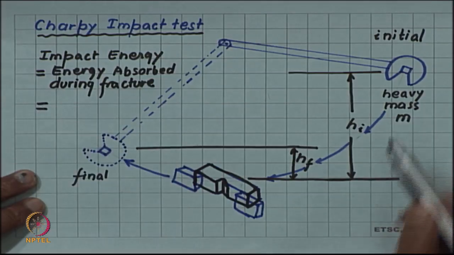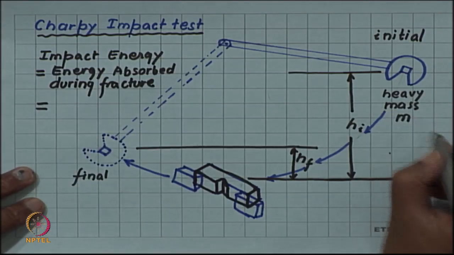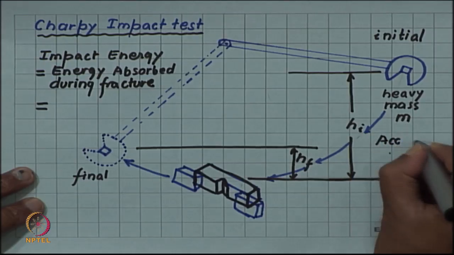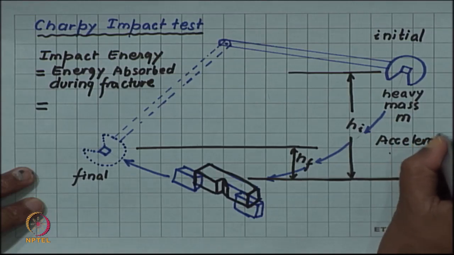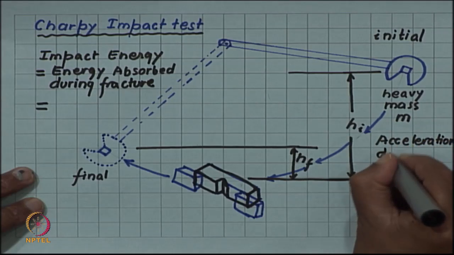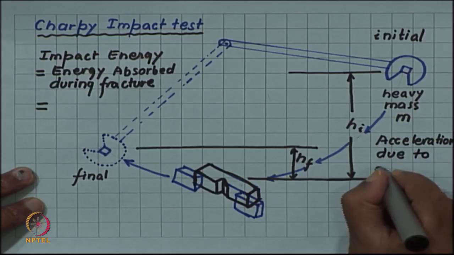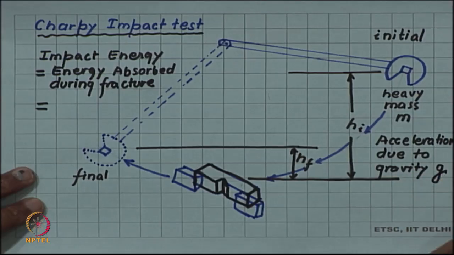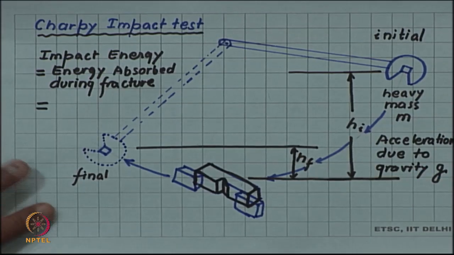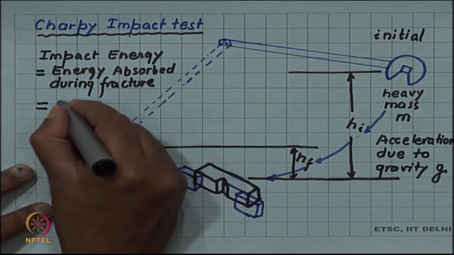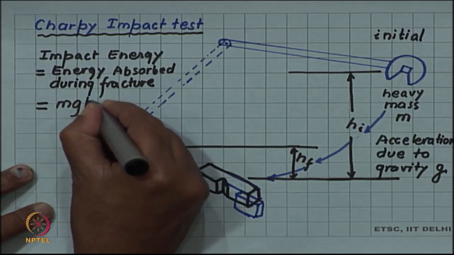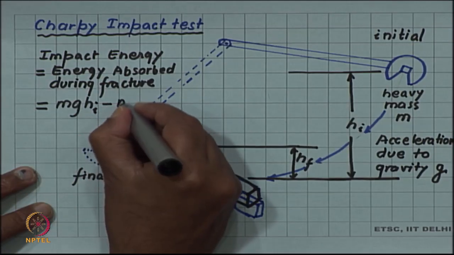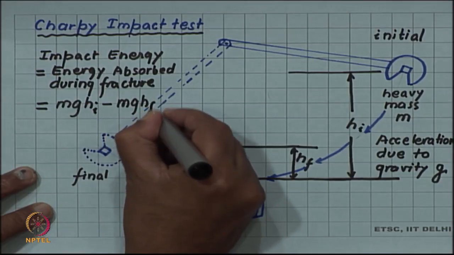Now, you can see that the initial energy of the pendulum was, if mass is m and the acceleration due to gravity is g, then the initial energy will be m g h I, but the final energy is only m g h f.